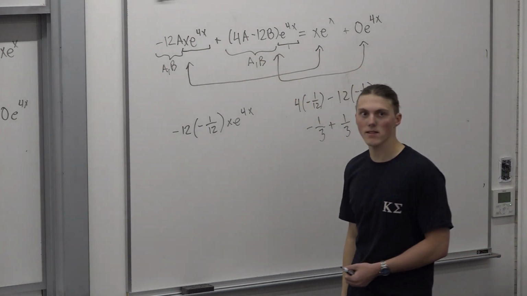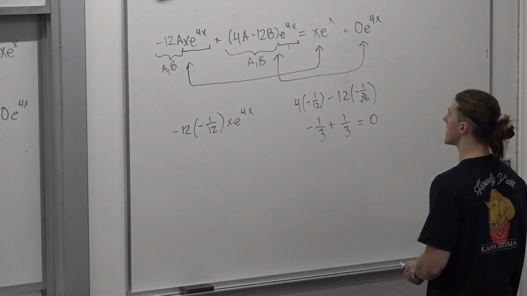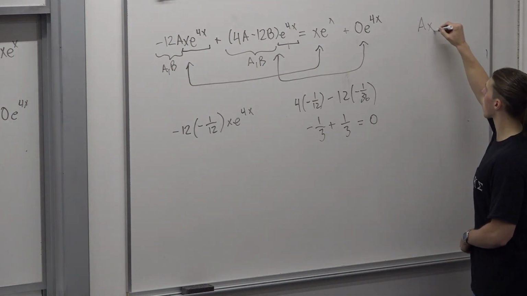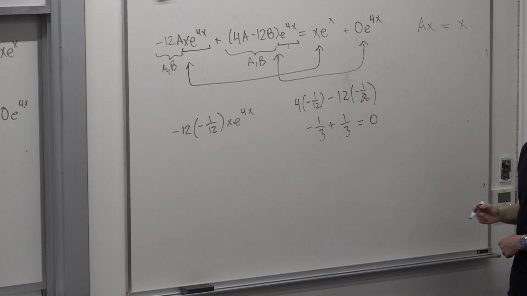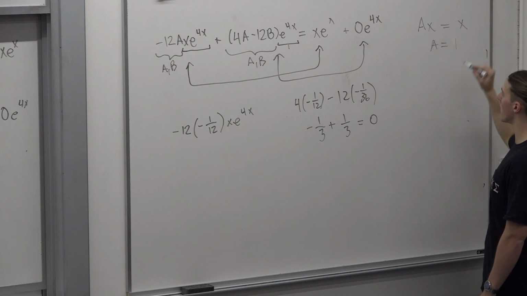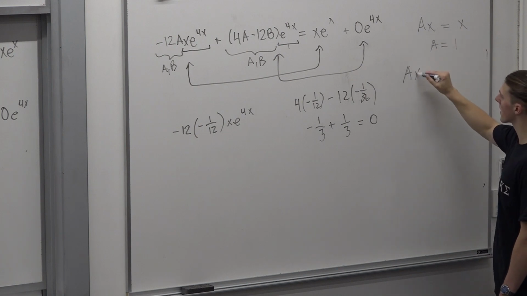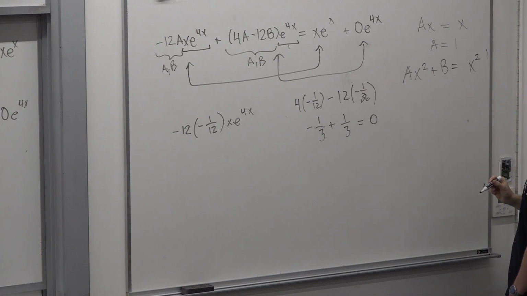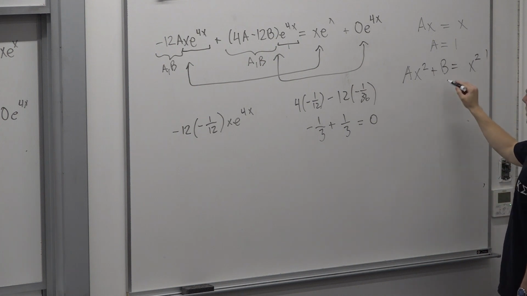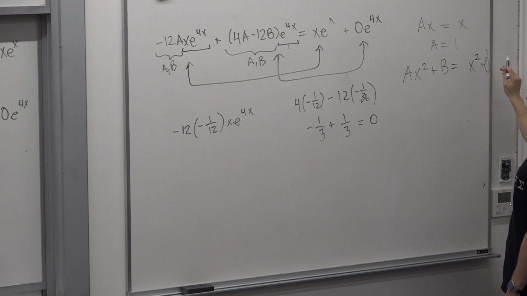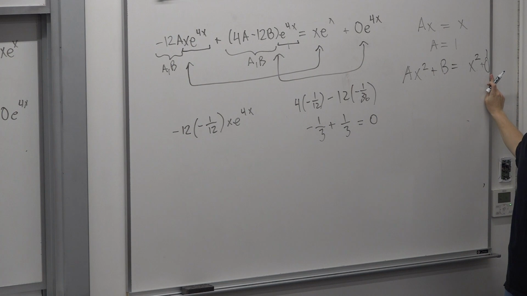And in a lot of cases, that's going to be kind of easy to see. Like maybe if there's just ax and the other side equals x, we can deduce that a must equal 1. But if it's something like a squared plus b, and on the right side it's just x squared, we know that there's no term on that side that doesn't have a factor of x squared.